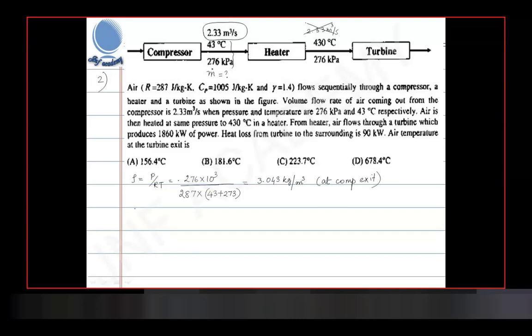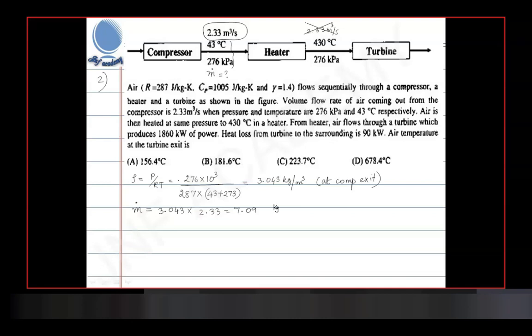You know the volume flow rate at the compressor exit. So I can find the mass flow rate at the compressor exit as 3.043 into the volume flow rate 2.33. This will be 7.09.